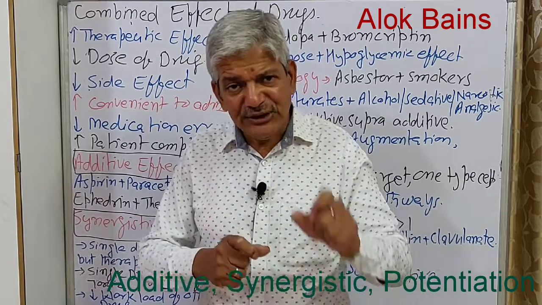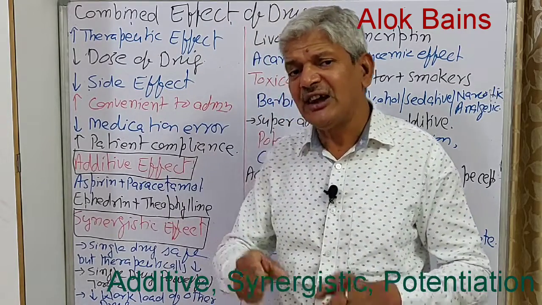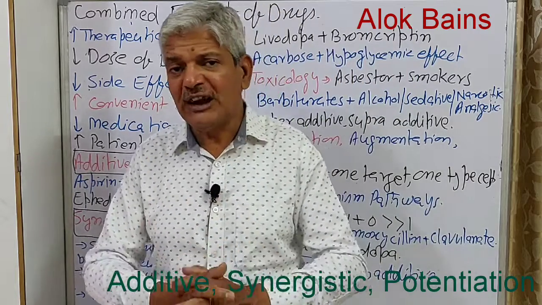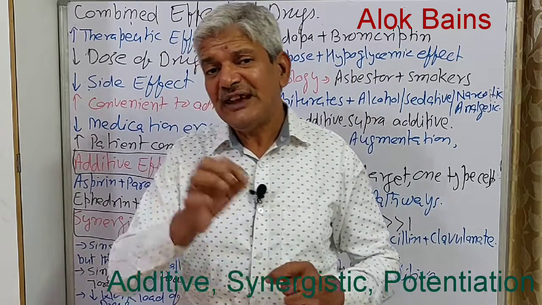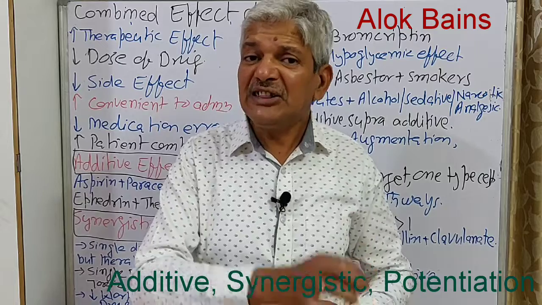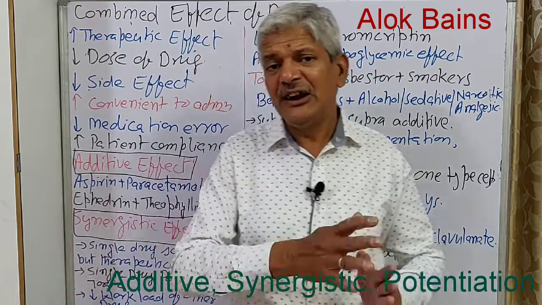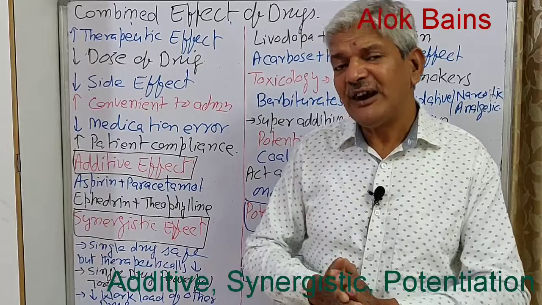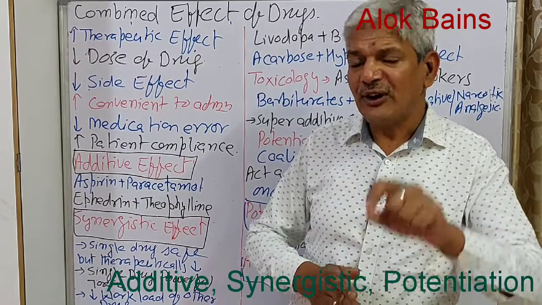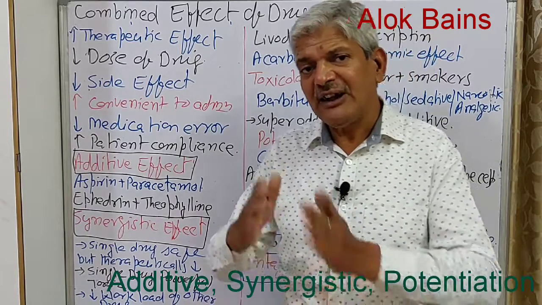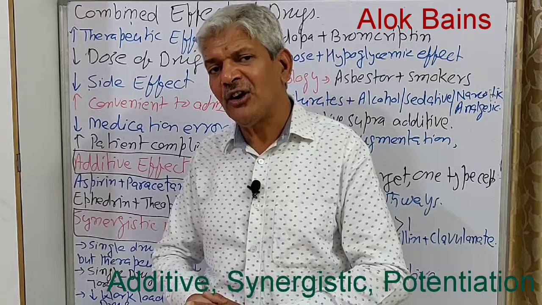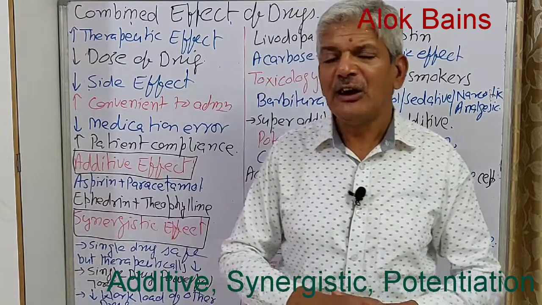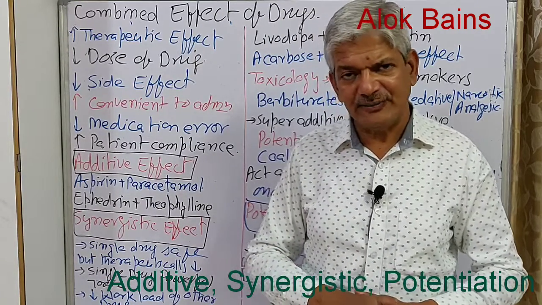And if barbiturate is used with these drugs, it will produce CNS depression and the synergistic effect, and that may be lethal and toxic in nature. This synergistic effect in pharmacology we use for beneficial effect, but if it happens in toxicology, it will be harmful, poisonous, and lethal for human beings.